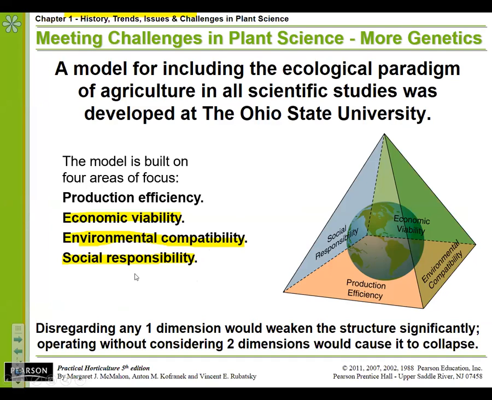The social responsibility, I think, is probably the most difficult part of the sustainability paradigm to grasp. We think of it as paying the workers a living wage, for instance. That's really difficult to do on the farm.